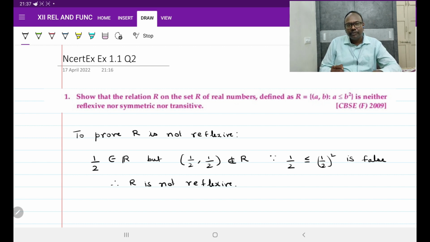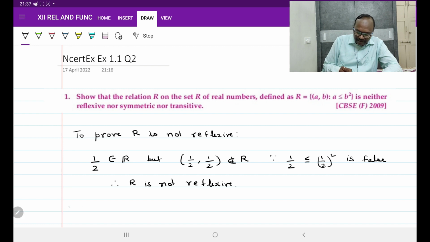Now you can create as many examples as you can to prove the relation is not reflexive. I gave one such example. Choose any pair of the form (a, a) where a is any proper fraction, for example (1/2, 1/2). Other examples could be (1/3, 1/3) or (1/4, 1/4).